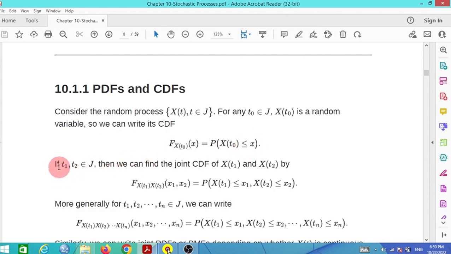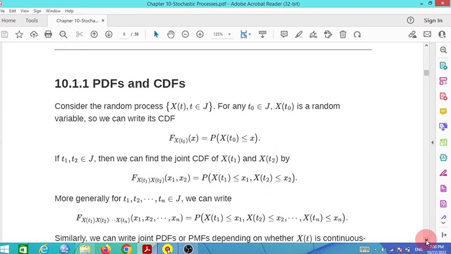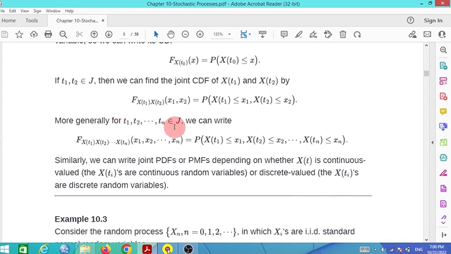If for two times t1 and t2, we can define the joint cumulative distribution function of x of t1 and x of t2 by this notation. And generally, for n points in time, we can define this. Okay.